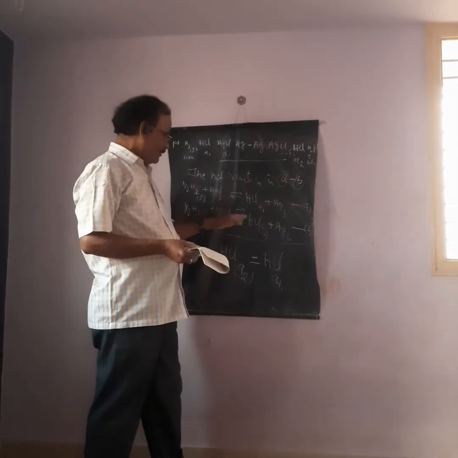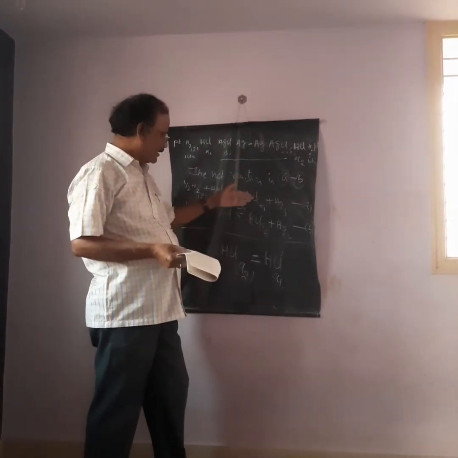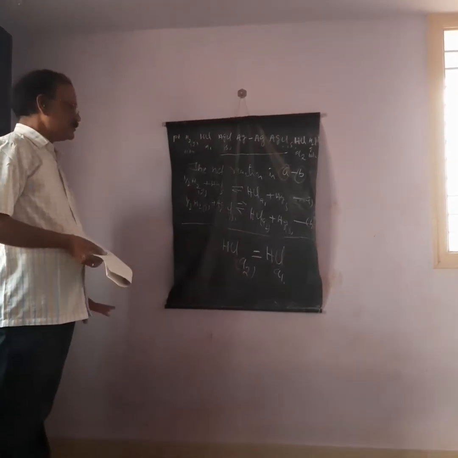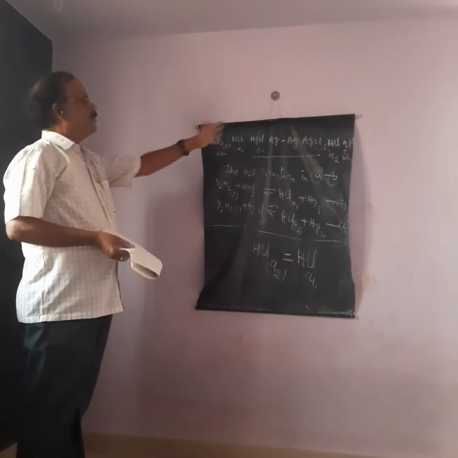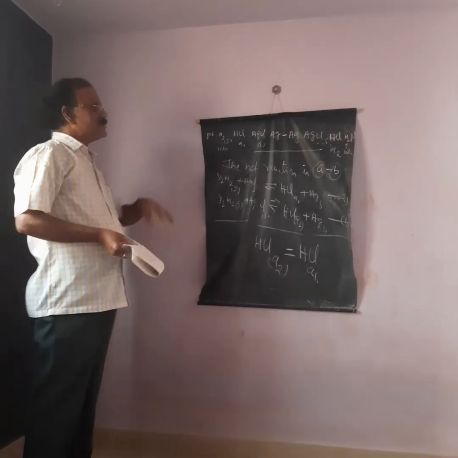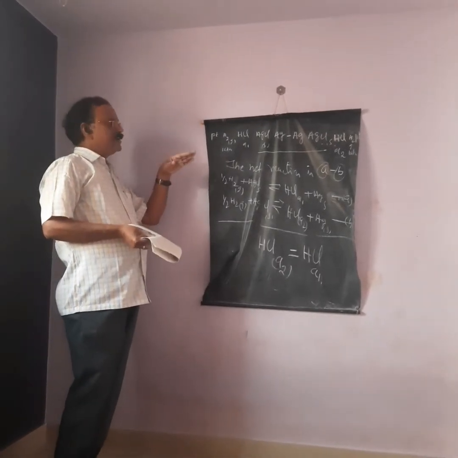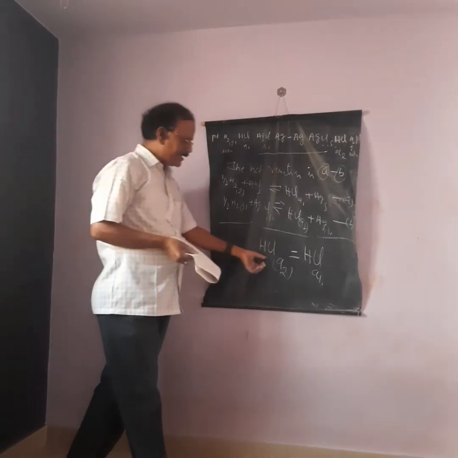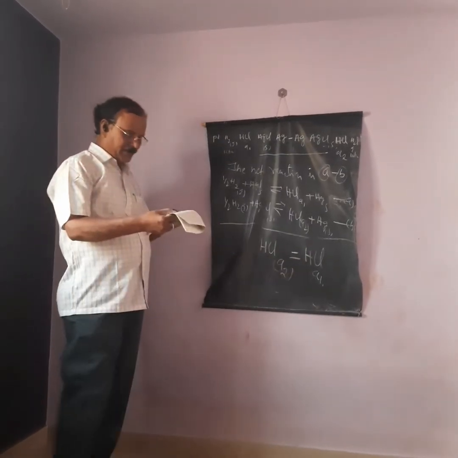That is the net reaction. By combining the two cells to send current in the opposite direction, you can write HCl A2 is equal to HCl A1.